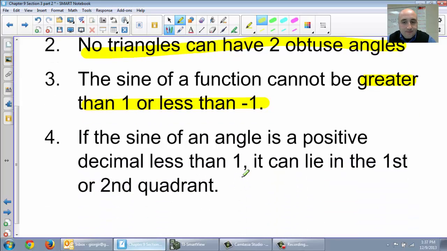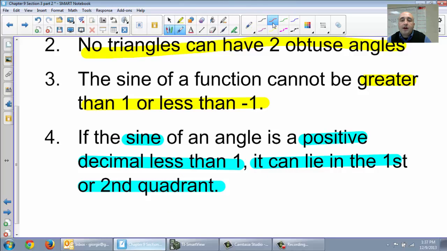And then lastly, if the sine of an angle, so we're still talking about sine, is a positive decimal less than 1, then the angle can lie in the first or second quadrant. So what do I mean by that? Let me write it out.